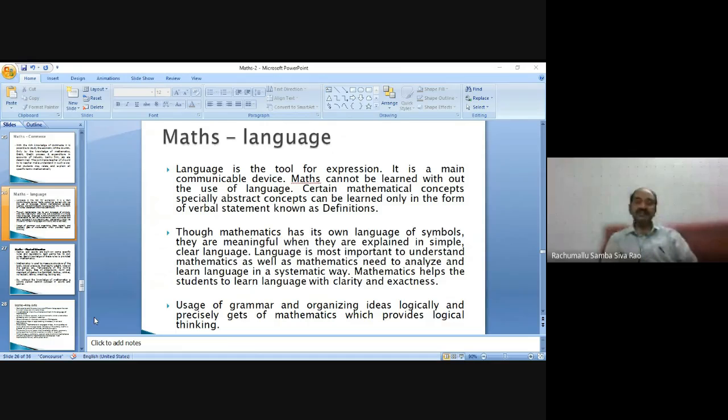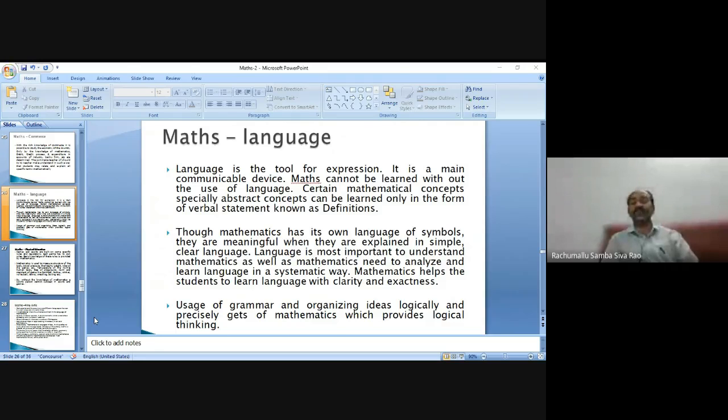For example, the area of a rectangle: A equals L times B. Without an explanation of A equals L times B in some language, maybe Telugu or English, a student cannot understand the concept properly.